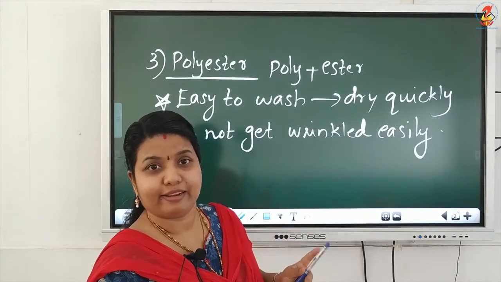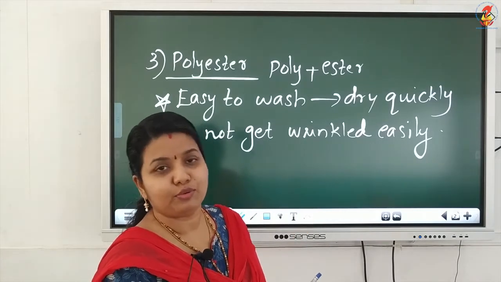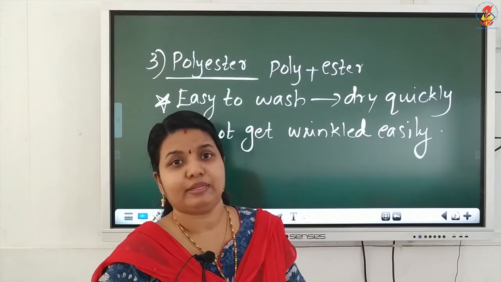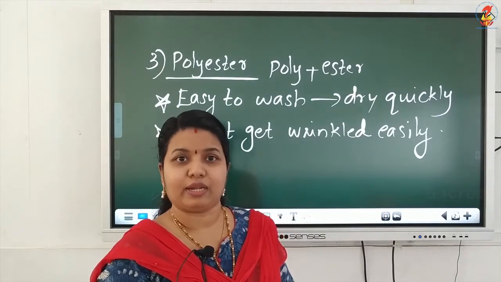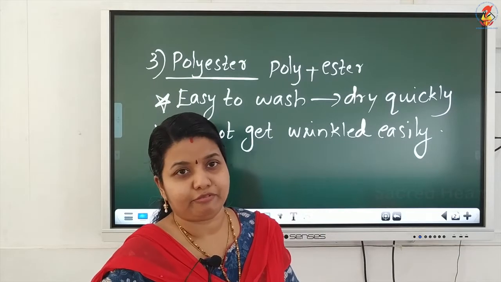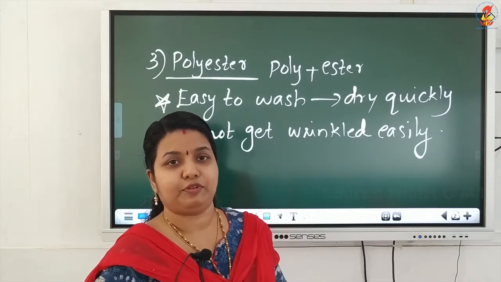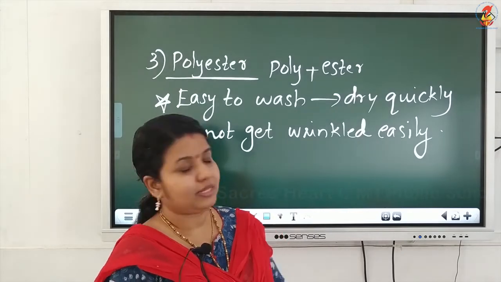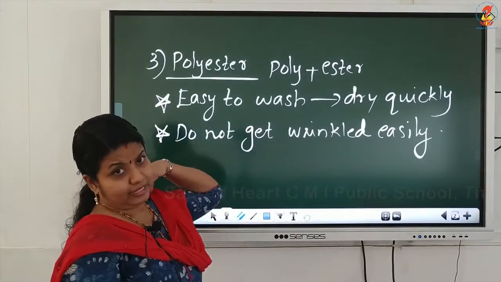They do not get wrinkled easily. So after washing, you can use fabrics made of polyester even without ironing. Okay, you need not iron fabrics made of polyester fibers. After washing, you can directly use them because they do not get wrinkled easily. So these are the two properties of polyester fibers.